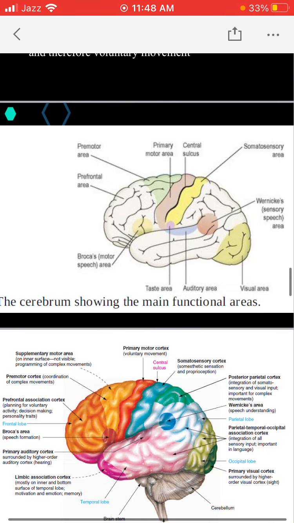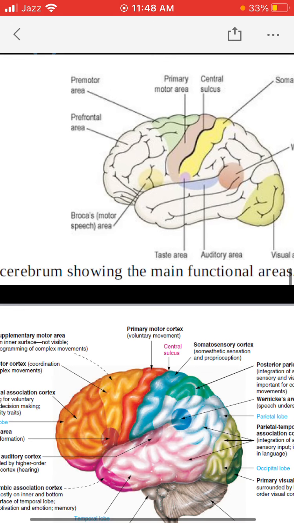So these were the primary motor areas as well as the primary sensory areas. Now we also have some association areas. The function of association areas is to interpret the impulses from the sensory as well as the motor areas.